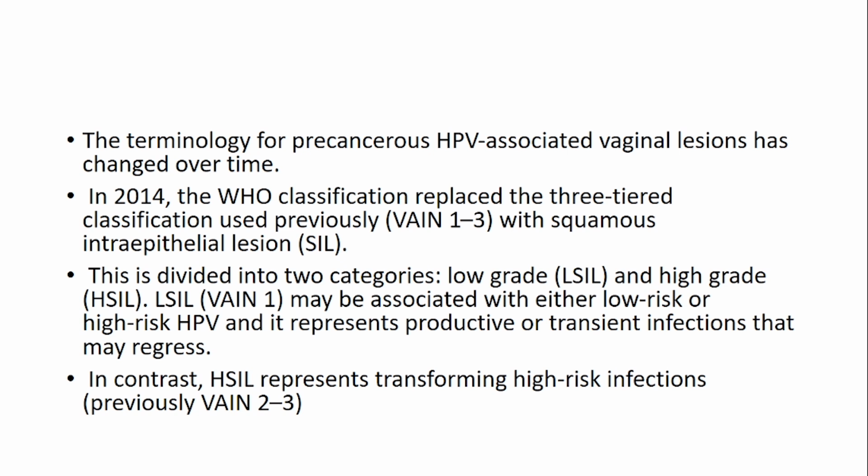The low grade, VaIN 1, may be associated with either low-risk or high-risk HPV and represents productive or transient infections that may regress. In contrast, the high grade represents transforming high-risk infections, previously VaIN 2 to 3.